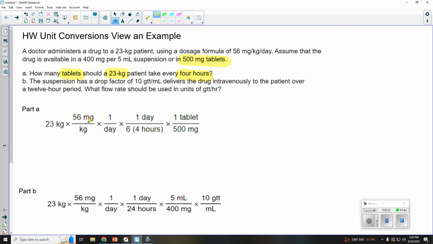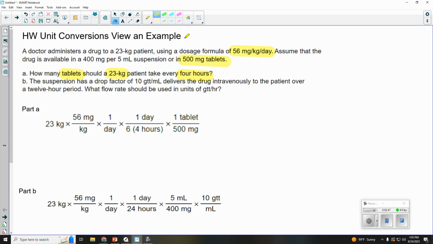And then they gave us that the dosage formula is 56 milligrams per kilogram per day. So that's what this is, 56 milligrams per kilogram. And then the per day looks like a times 1 over day. So the day is also in the denominator because it's got this little slash here.